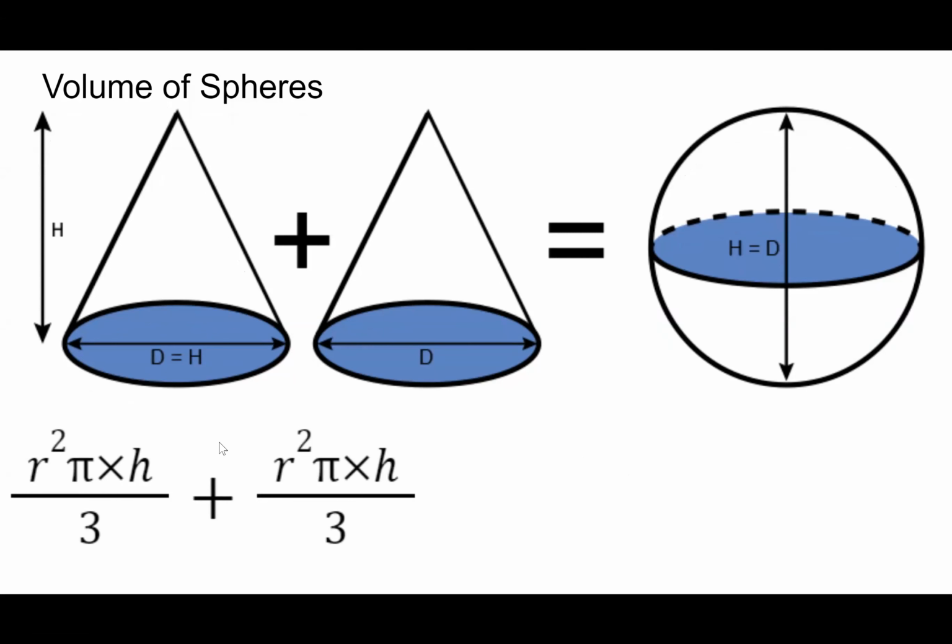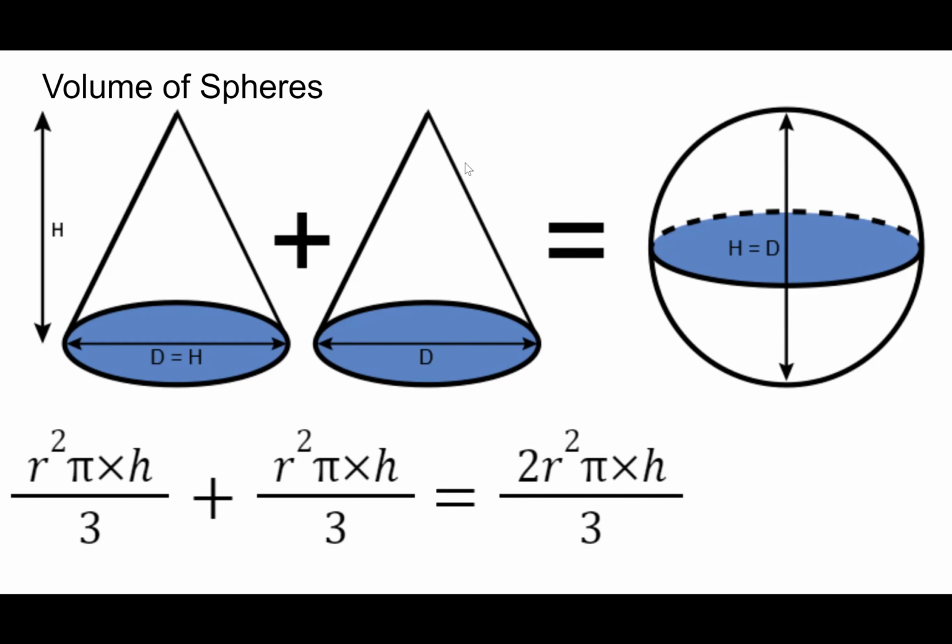I have 2 of them because I have 2 cones. Now I can simplify because I have 2 of them. This is basically 2 times the radius squared pi times the height divided by 3. I'm going to add the 2. Again, it takes 2 cones.